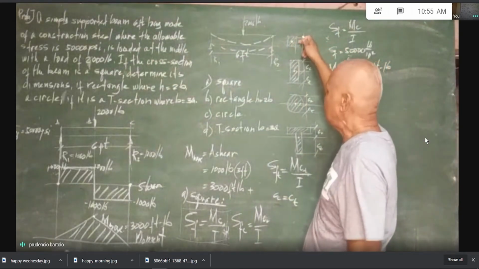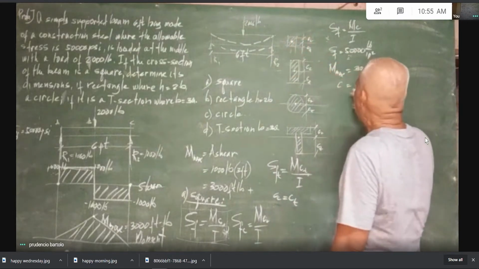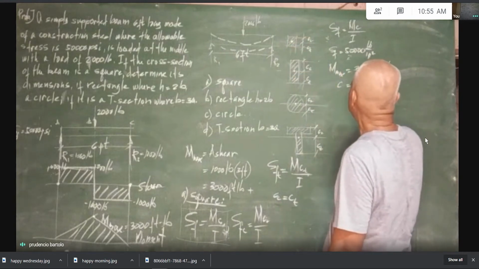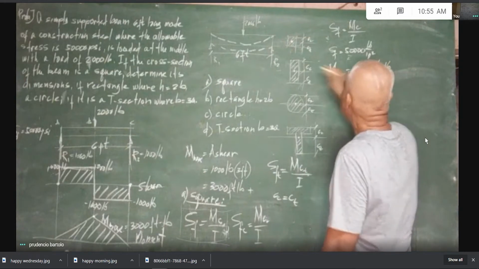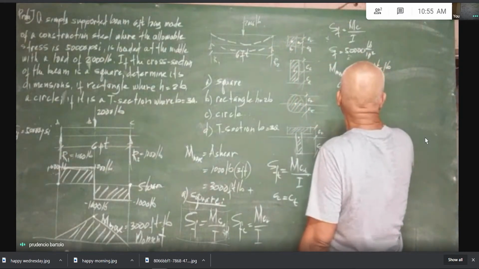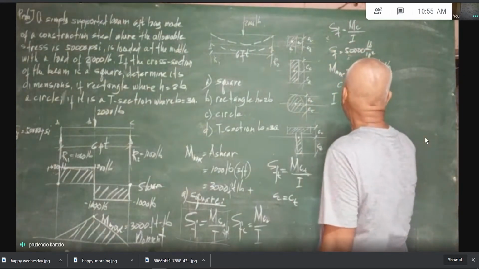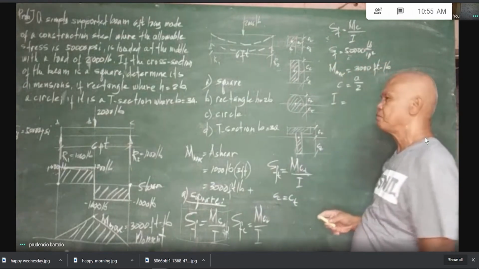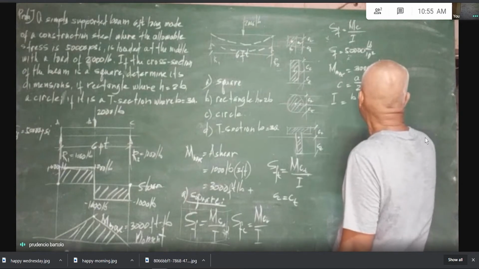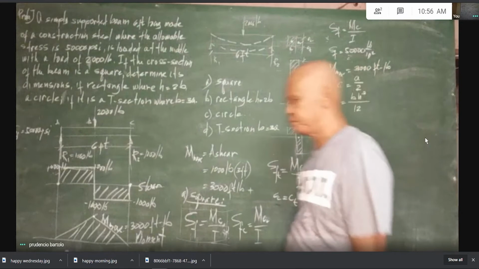Therefore, that will simply be equal to half the side of the square. So if this is a and that is a, this will be a over 2. And the moment of inertia for a rectangle is equal to bh cubed over 12.